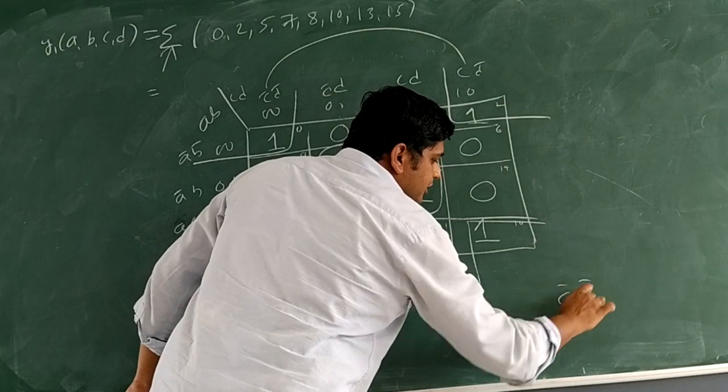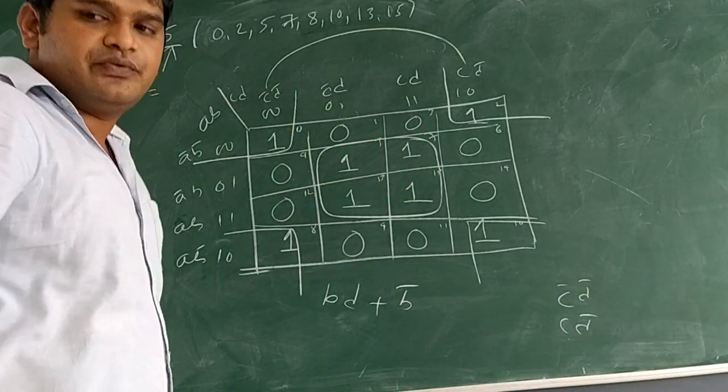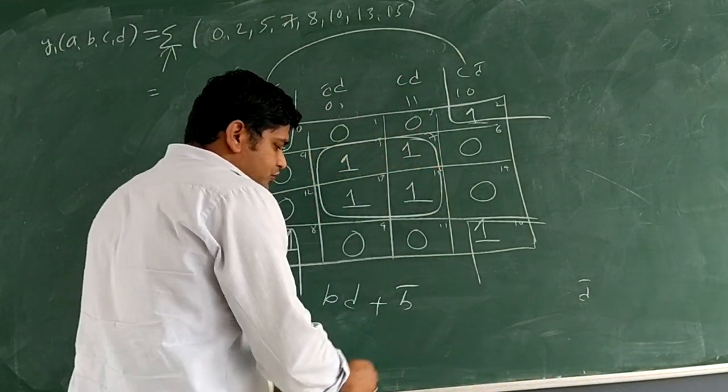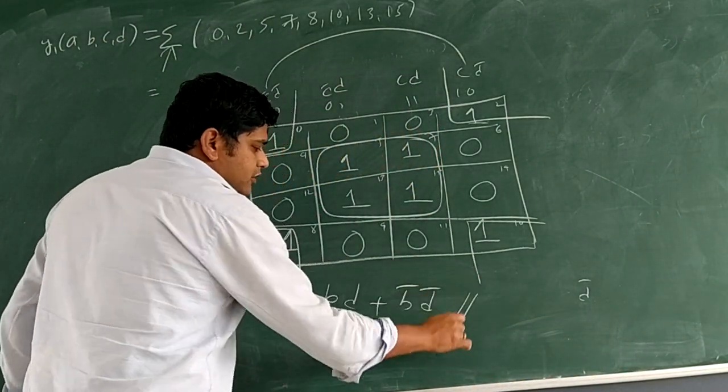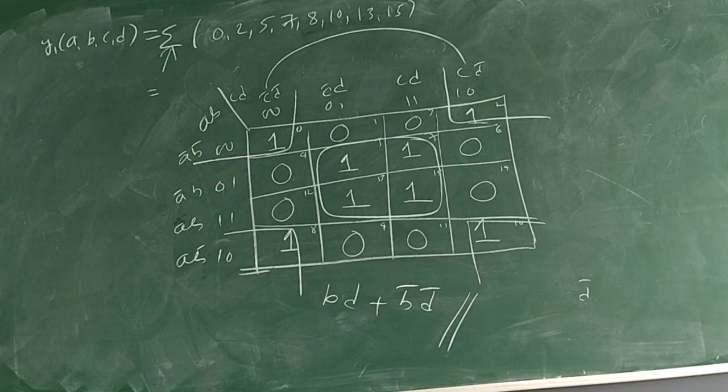C bar, D bar. Compare with C into D bar. The variable changed is what? C. Hence, we are left with B complement. B into D plus B complement into D complement. Okay? Fine.